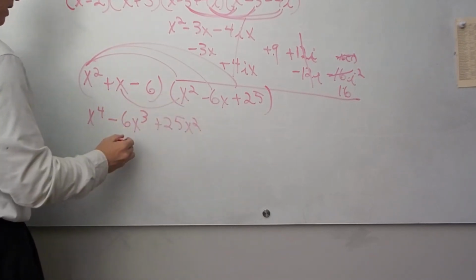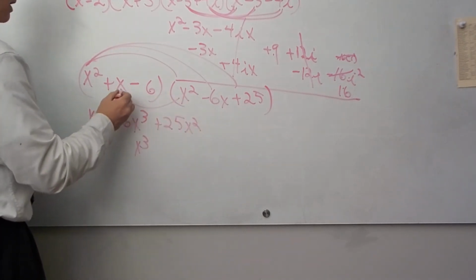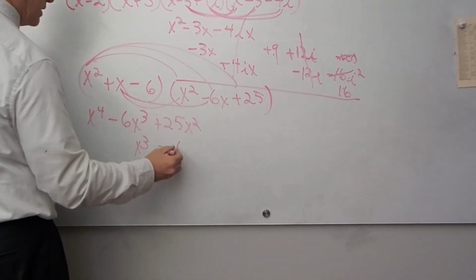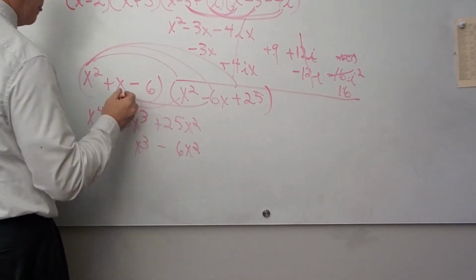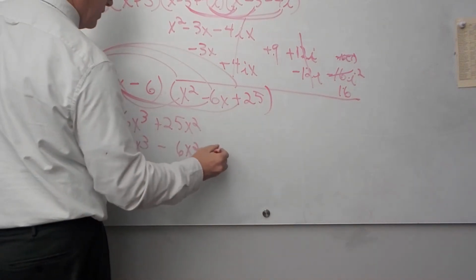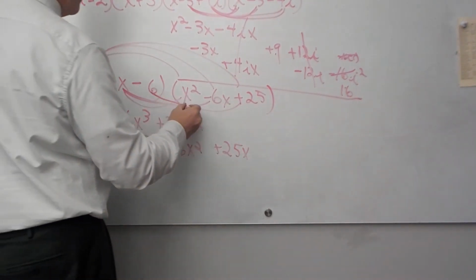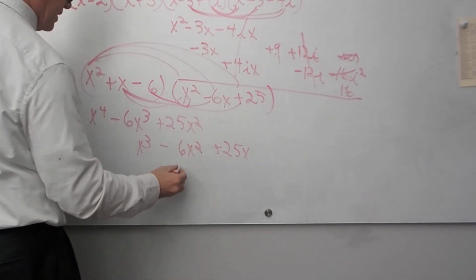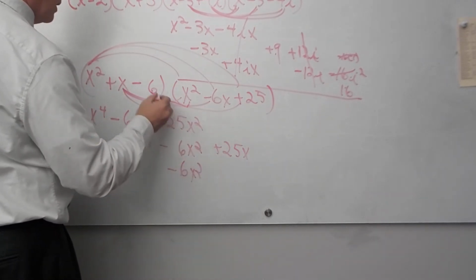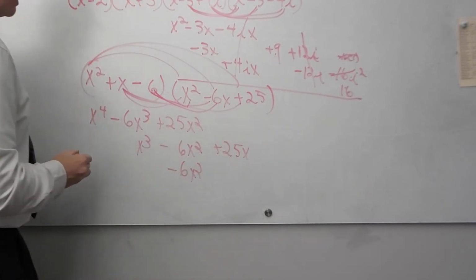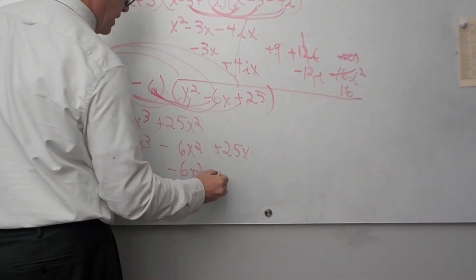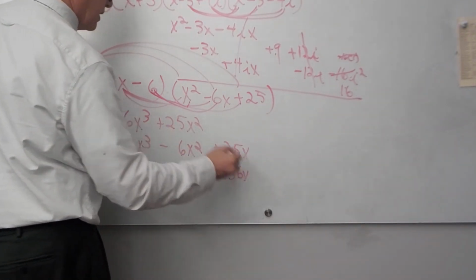x times x squared is x cubed. x times negative 6x is negative 6x squared. x times 25 is 25x. Negative 6 times x is negative 6x squared. Negative 6 times negative 6x is positive 36x.